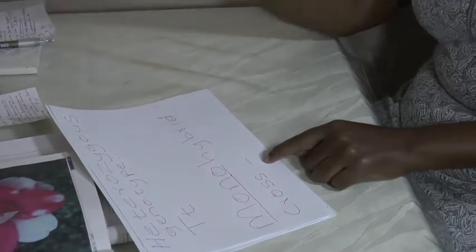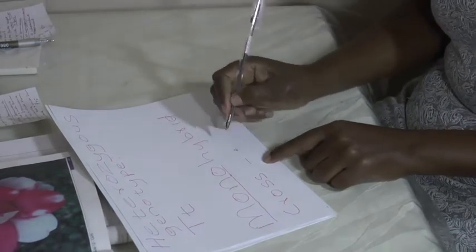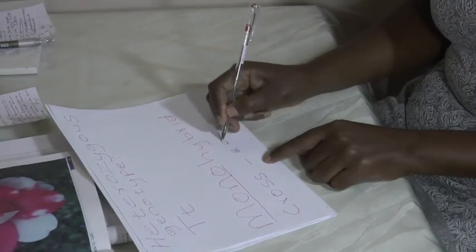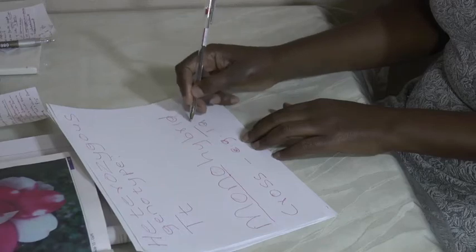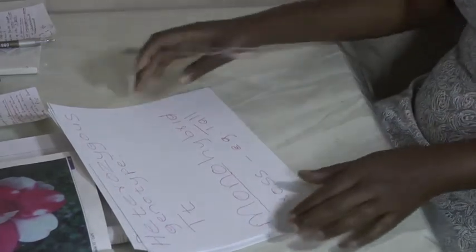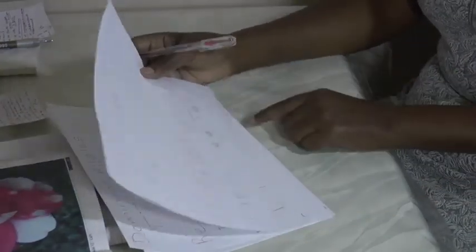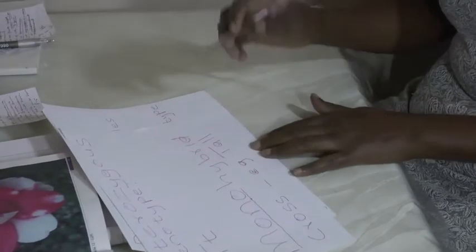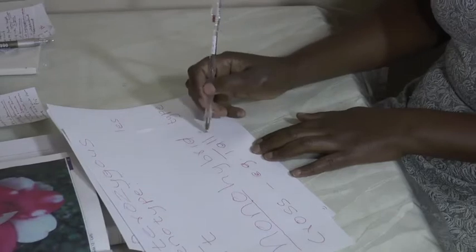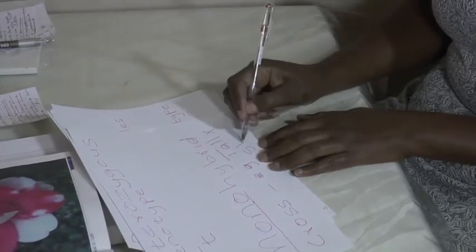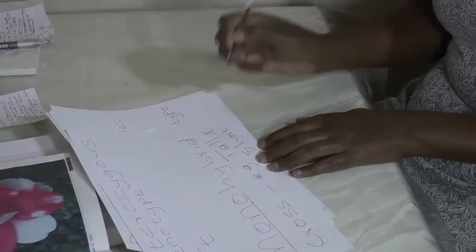For the example of this monohybrid cross, we are going to use the same example that we have been using, the height, where the dominant characteristic is tallness. It's tall times short. So the characteristic investigated here is the height.